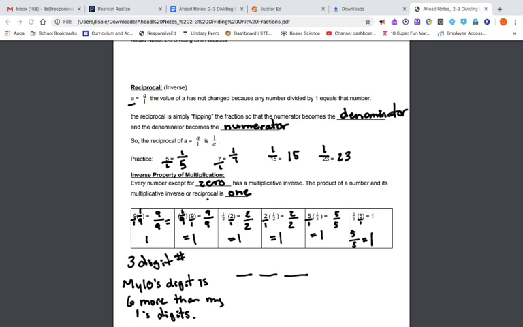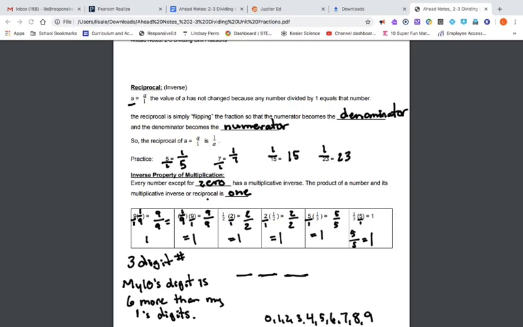Here's my ones and here's my tens. I'm going to erase that so I don't confuse you with the next part. There's my digits, my ones and my tens. Well, there's only 10 digits: 0, 1, 2, 3, 4, 5, 6, 7, 8, and then 9. That's the only digits I have.